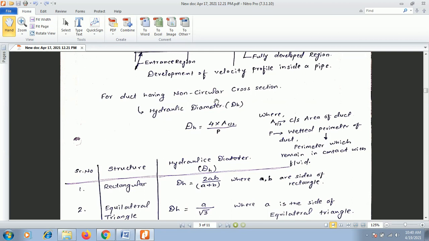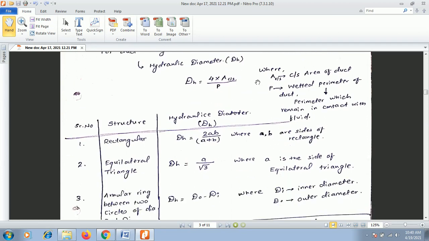Likewise, if it is a rectangle, it will be 2 into (a plus b), where a and b are the sides of the rectangle. The wetted perimeter of a duct is that perimeter which remains in contact with the fluid. So hydraulic diameter is given by 4 times the cross-sectional area divided by the wetted perimeter.